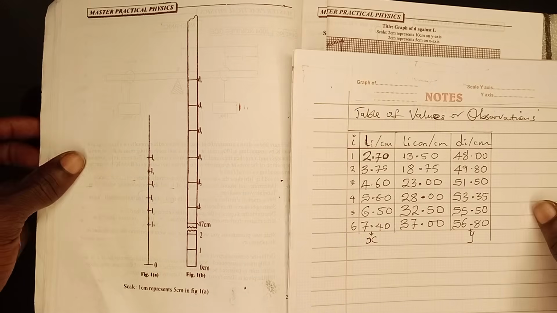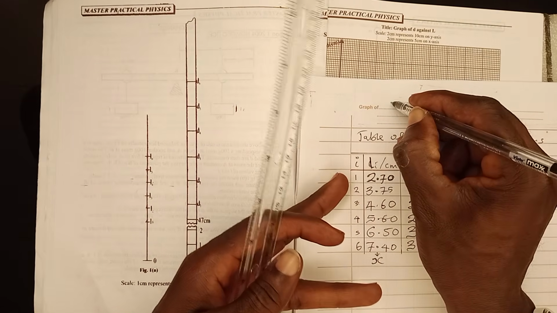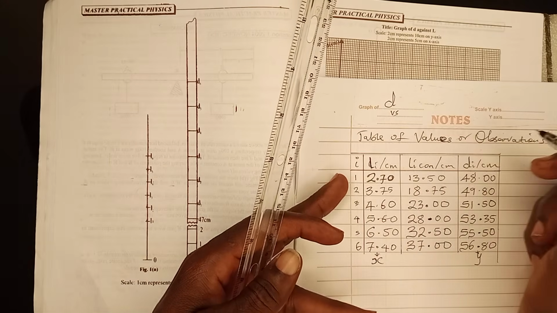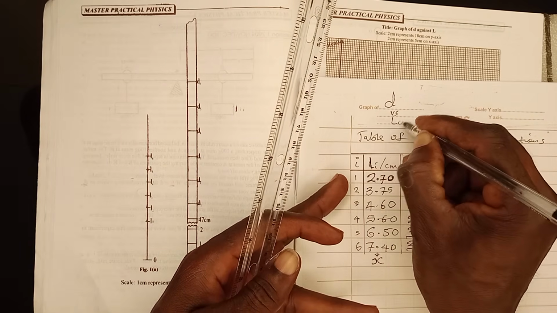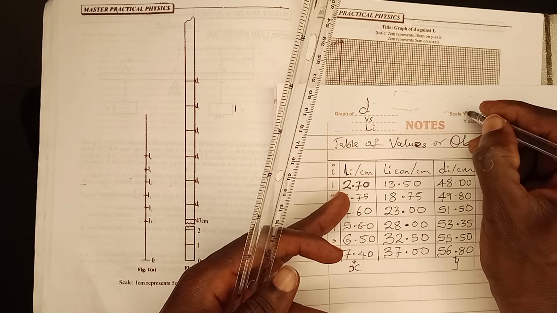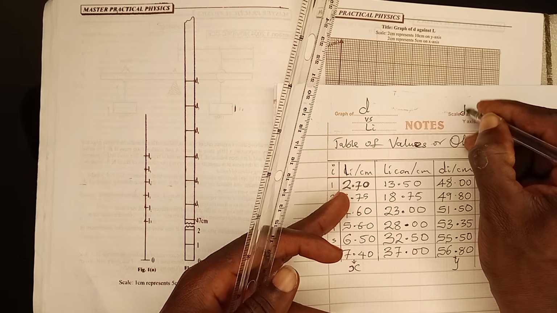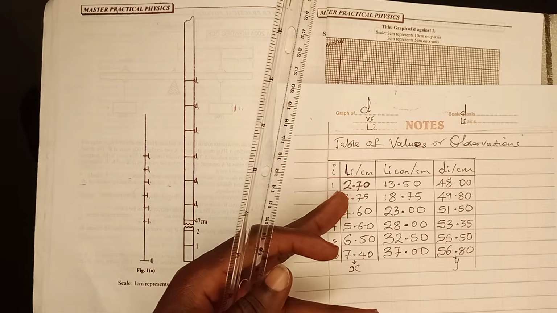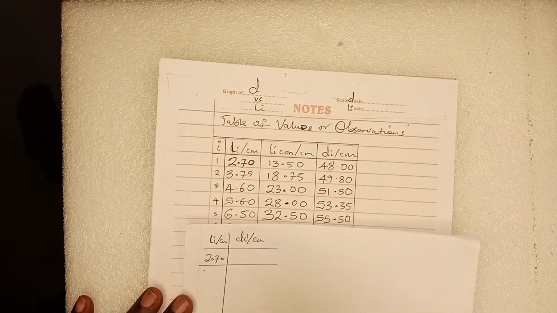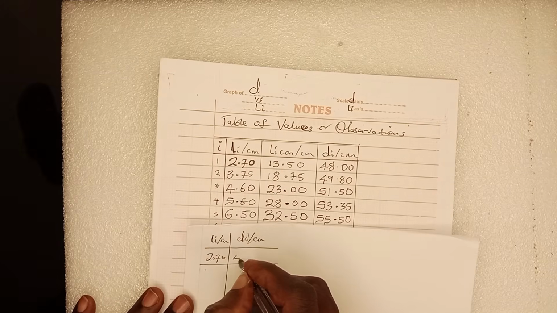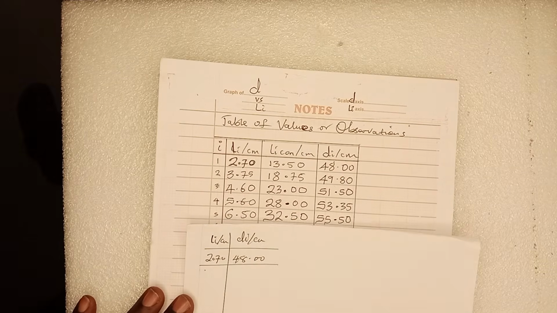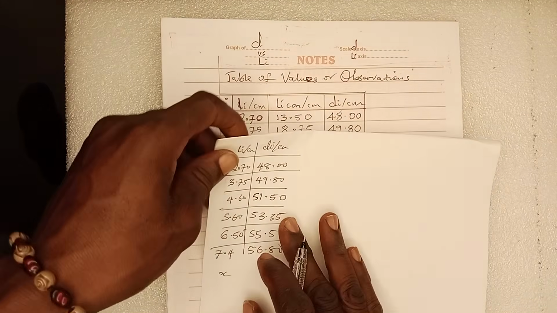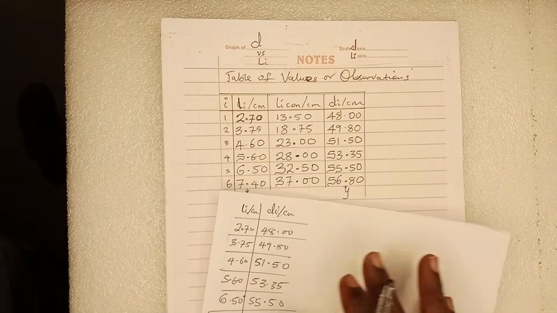So write that a graph of D versus what? Li. So this is scale on D and then on Li. So just want to do this for convenience sake.